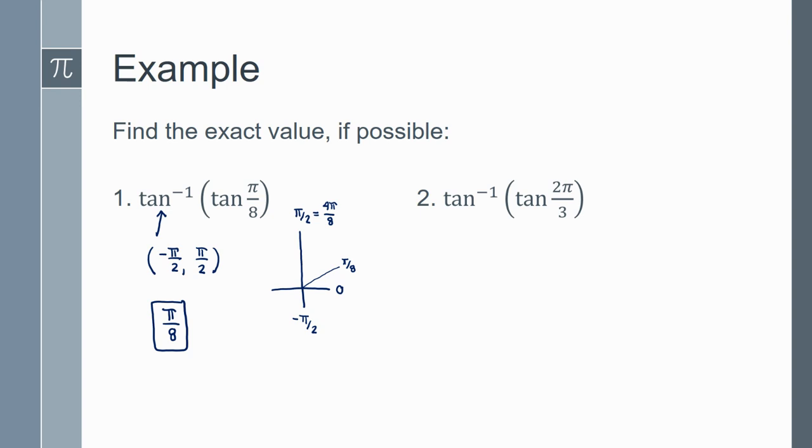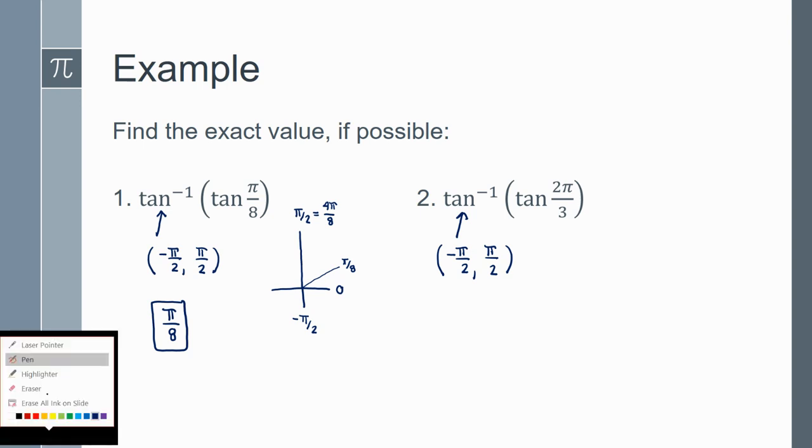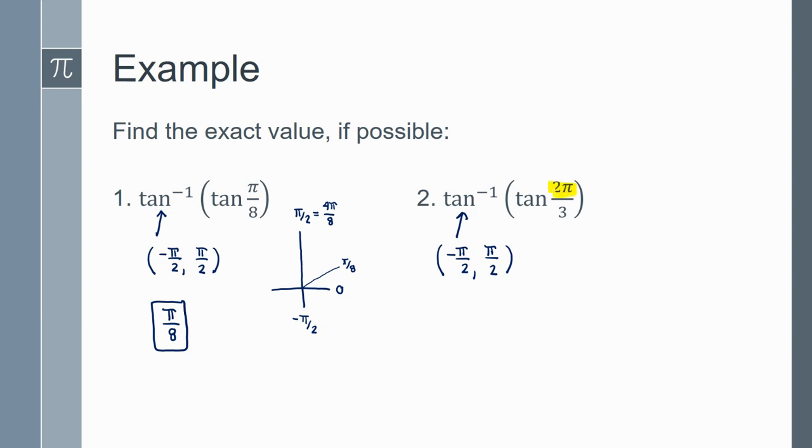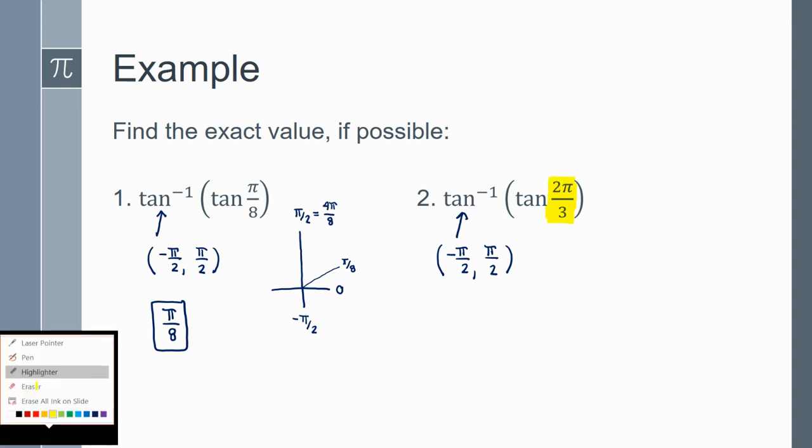If I have the inverse tangent of the tangent of 2 pi over 3, once again, the inverse tangent on the outside means we're focusing on the interval with the angles, so not including it, but negative pi over 2 to positive pi over 2. So I'm looking at the angle that is given to us, which is 2 pi over 3, and my question is, will it fall within the interval?